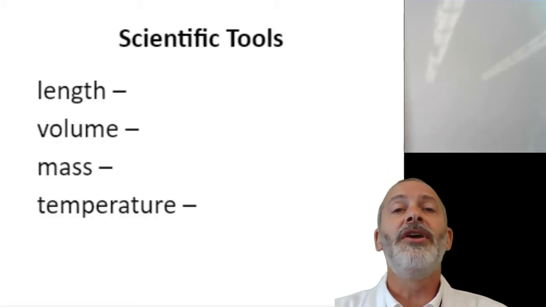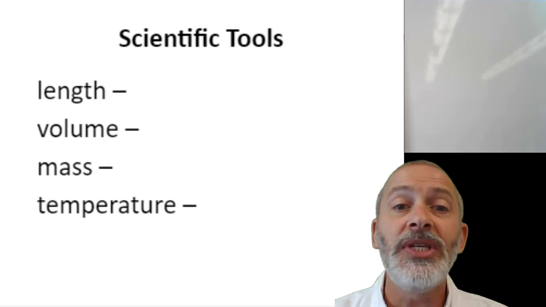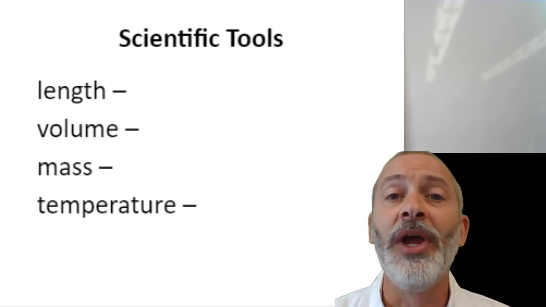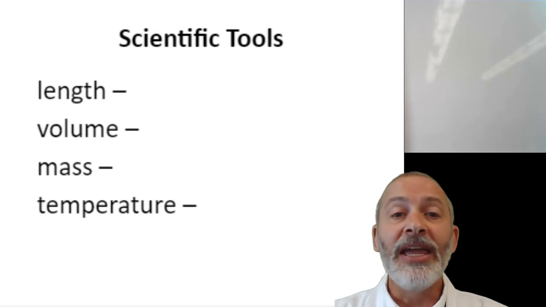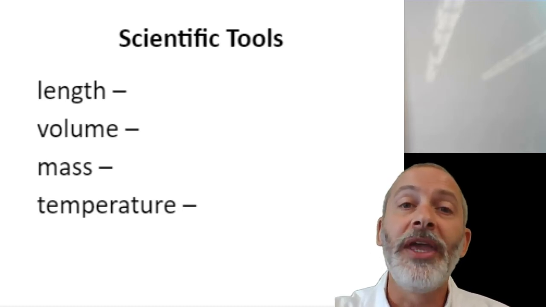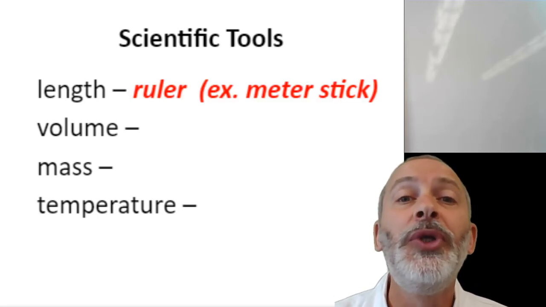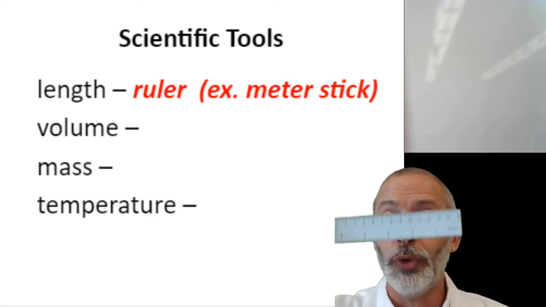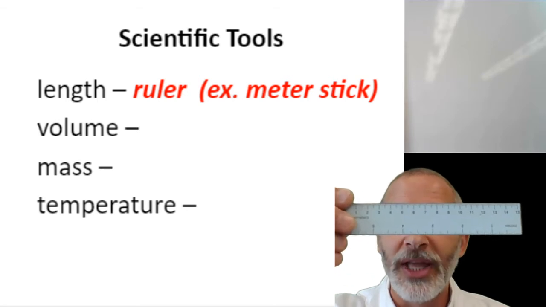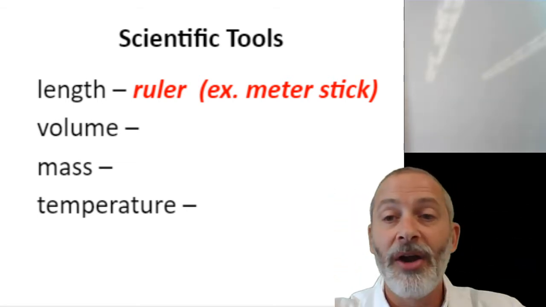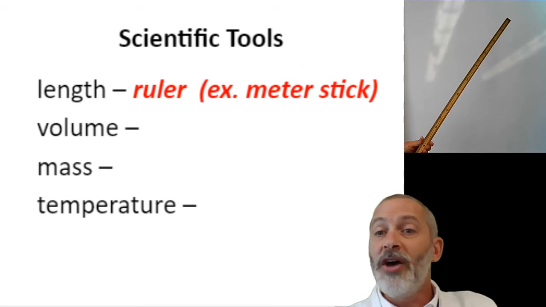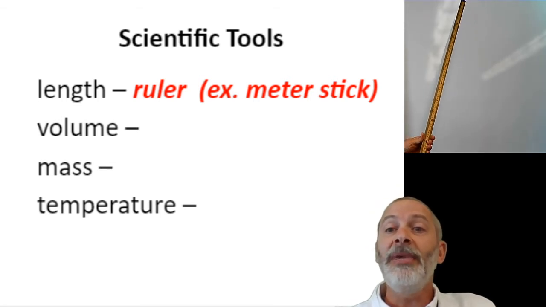So what are the different tools to use in the metric system? Well, let's begin with length. Length is measured with a tool called a ruler. Now, there are many different kinds of rulers. There are little rulers like this, and there are bigger rulers like this. The one above me right now is a meter stick.